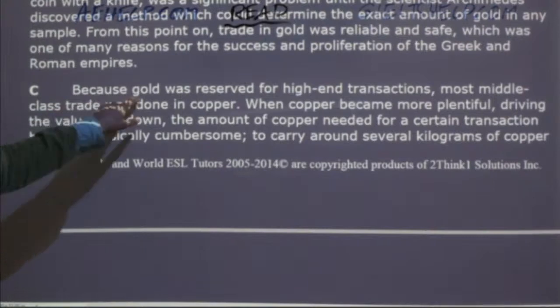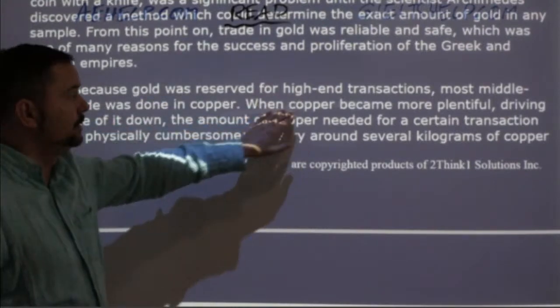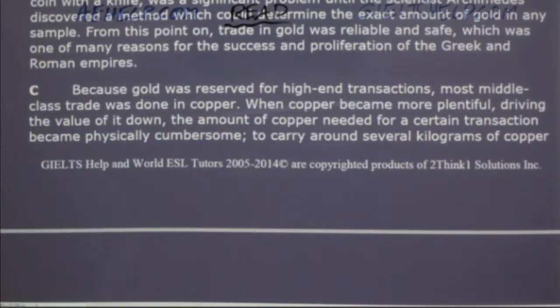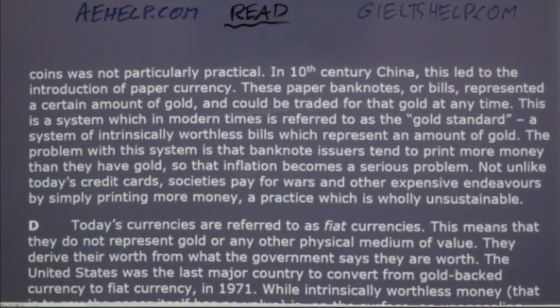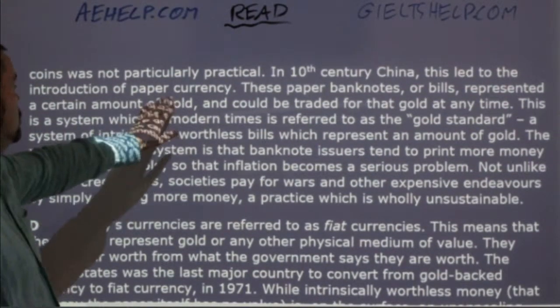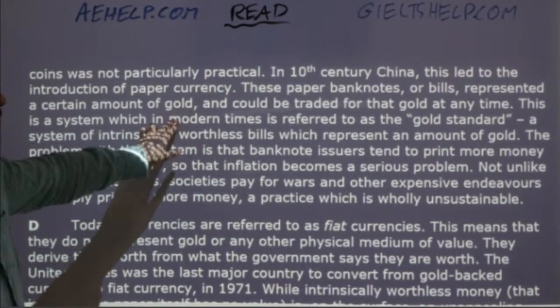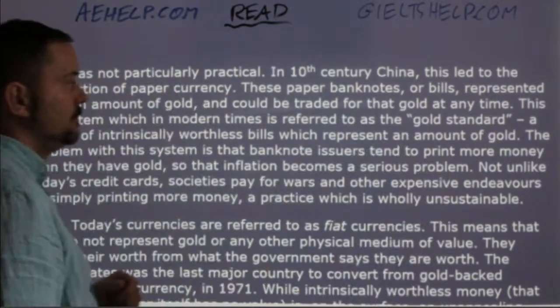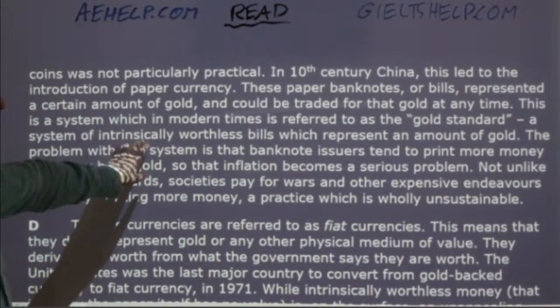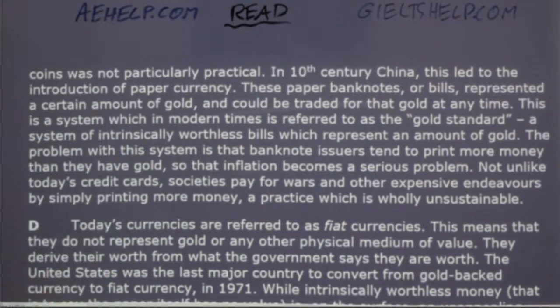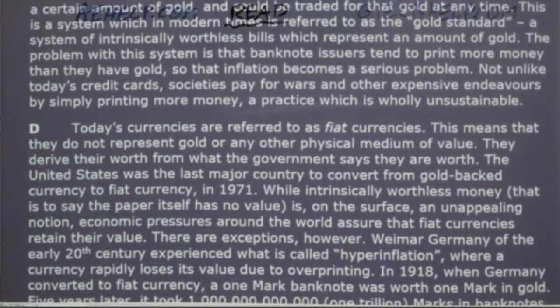So here we're still talking about gold, okay? Gold and this kind of paper money. China introduced paper currency, but this currency still represented gold. So it's still a type of gold standard, but it just means you didn't have to carry around the gold, right? So it still has intrinsic value because it's valued at the worth of gold, okay?